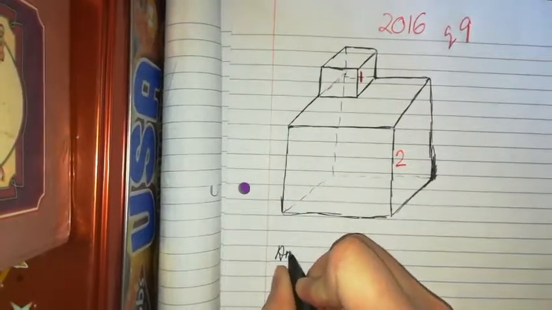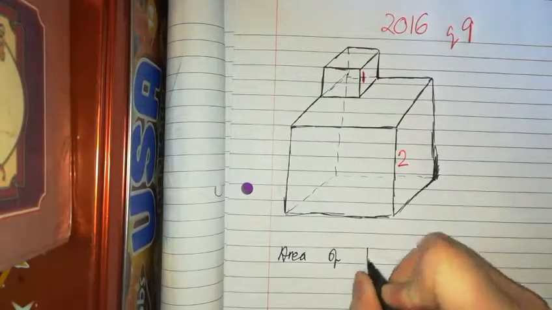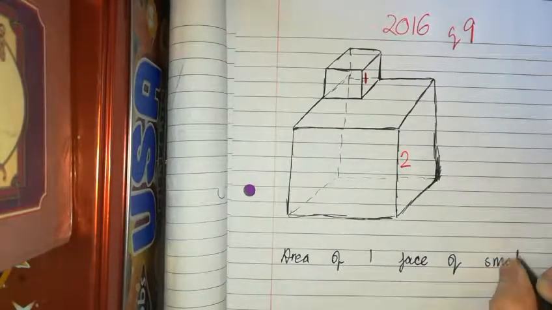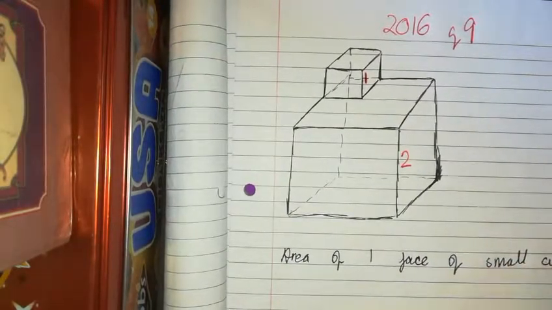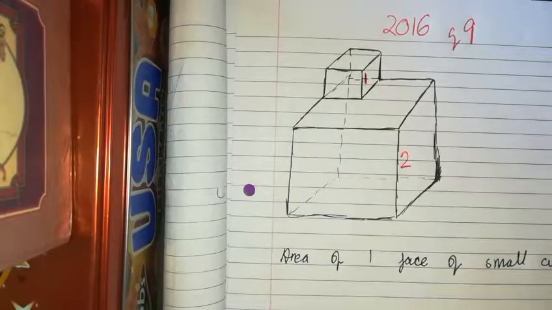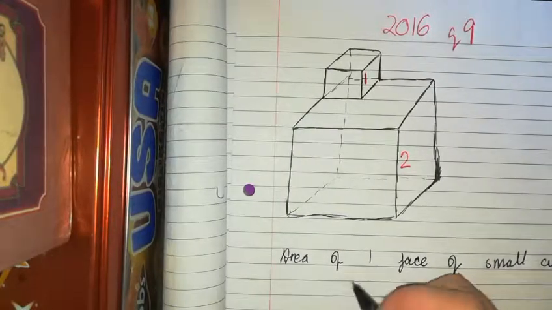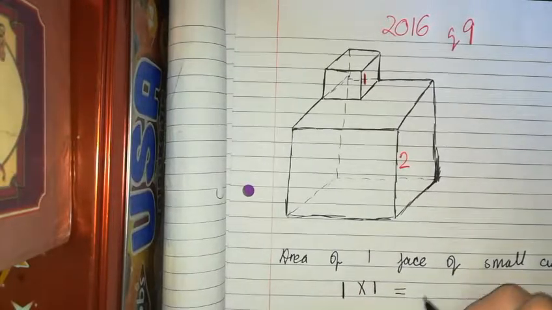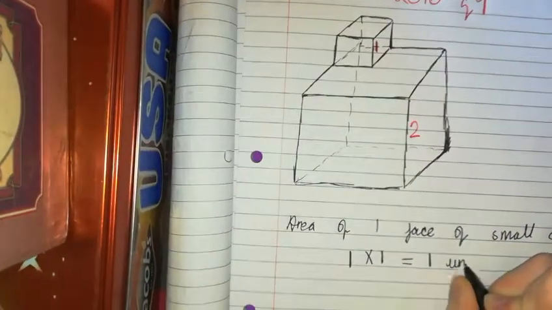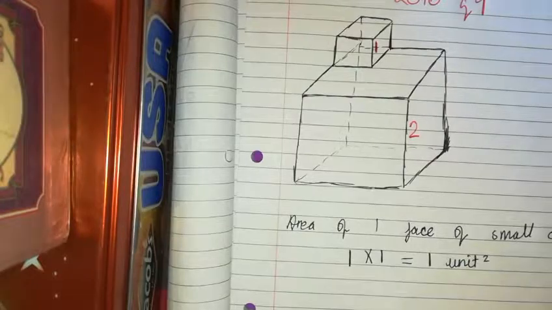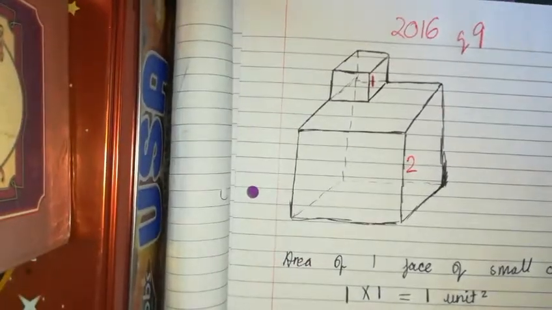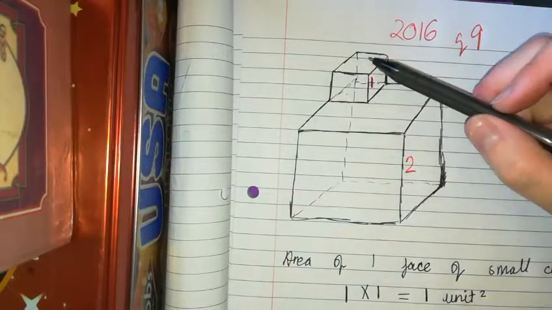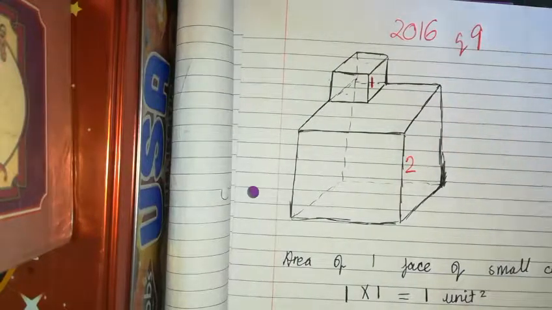The area of one face of the small cube is the length by the width, and because it's square, they are the same, so 1 by 1, which is 1 unit squared. We can see how many faces are exposed: 1, 2, 3, 4 and then 5, the one on top.